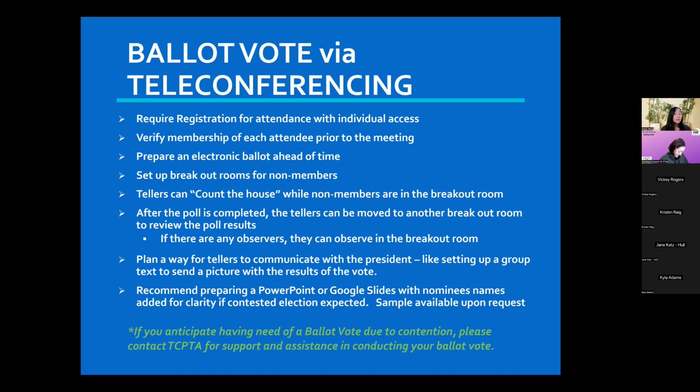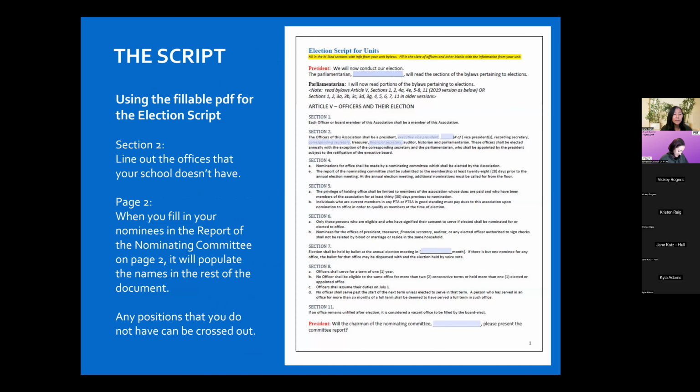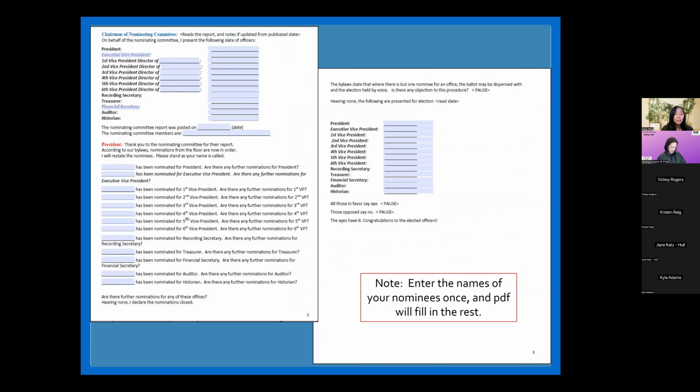Okay, there is a script which is also on the website and it is fillable. Once you put in all the names of all the people, it will populate them, because you have to say them about three times. So it will fill it in for you so that you don't have to fill it in three different times.